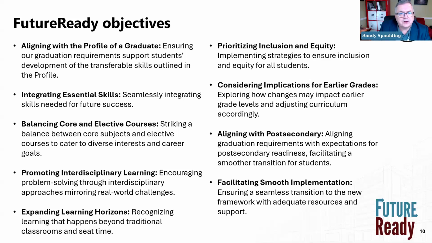And so just to go a little deeper again into the objectives for the Future Ready initiative, we have adopted also in our strategic plan a profile of a graduate. This is a state level articulation of those cross-cutting skills students should be developing while they're in school. It really is bringing together the goals of basic education and the outcomes of the high school diploma, what the high school diploma would signal, but then also identifying that set of cross-cutting skills.